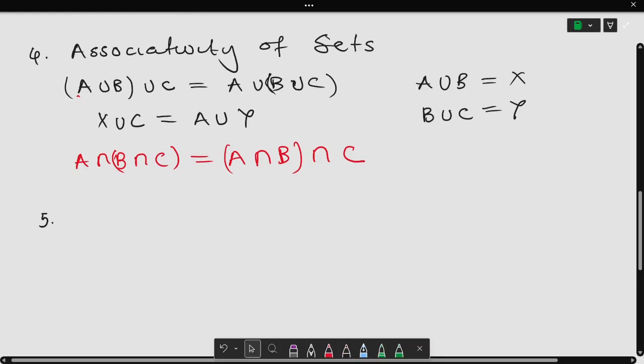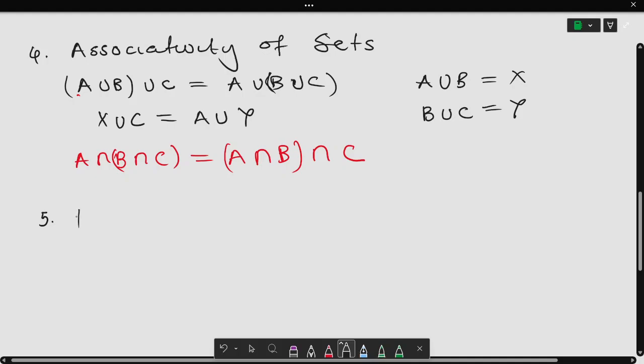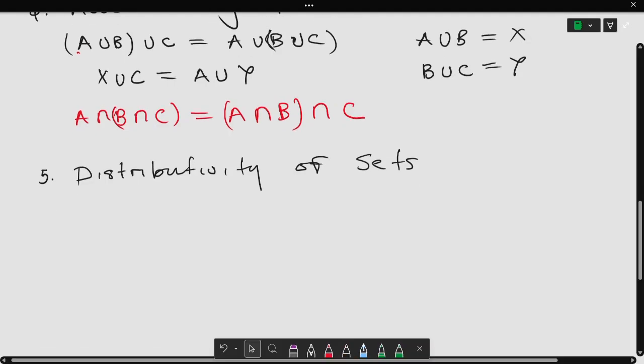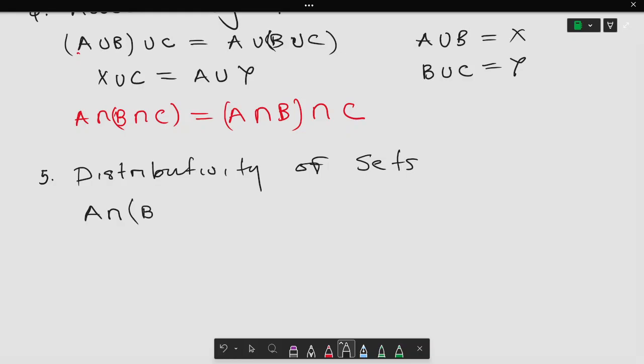Okay, so the other property that we're going to look at is distributivity of sets. So sets can be distributed. What do we mean by this? If we have A intersection in brackets B union C, this can be distributed.